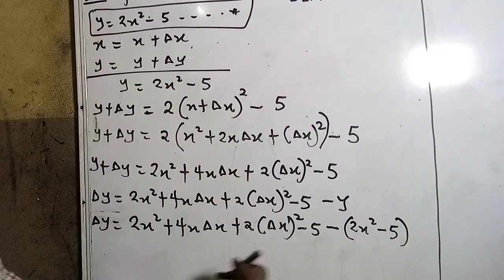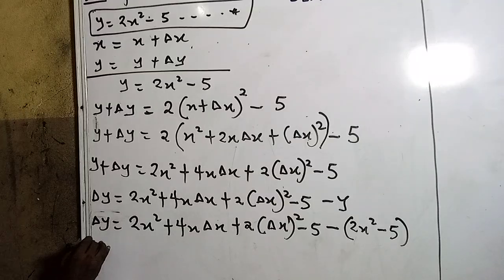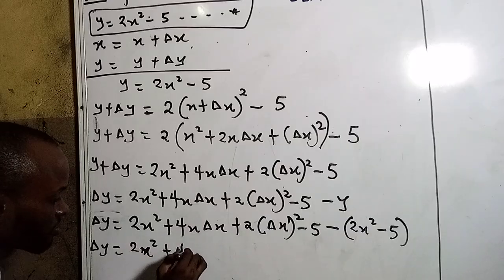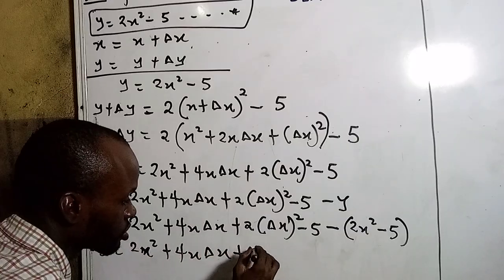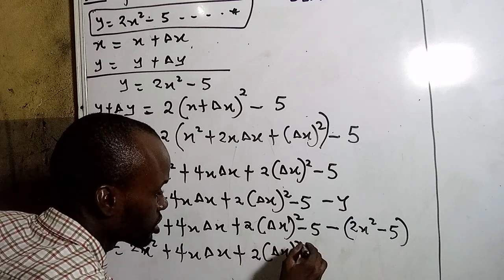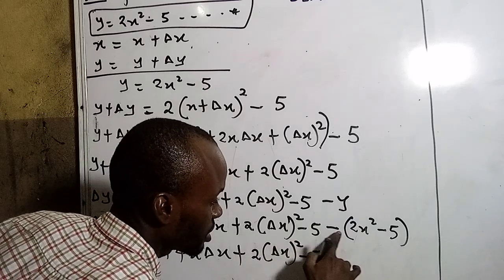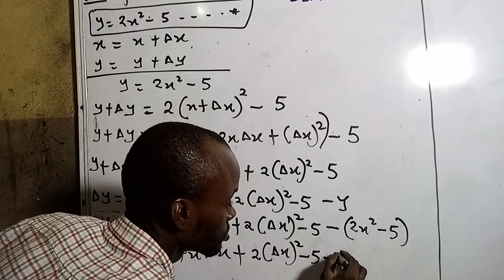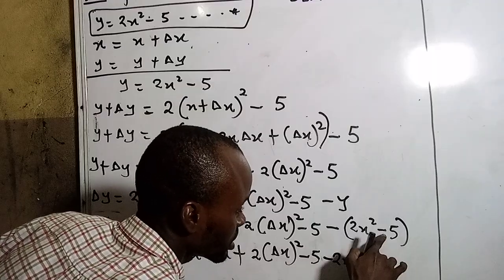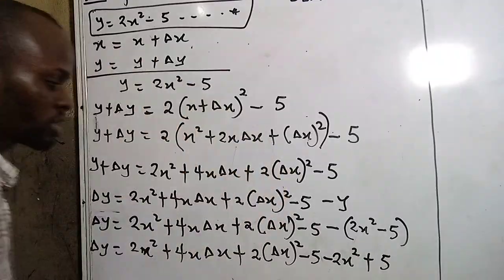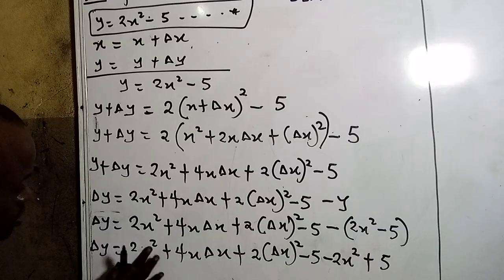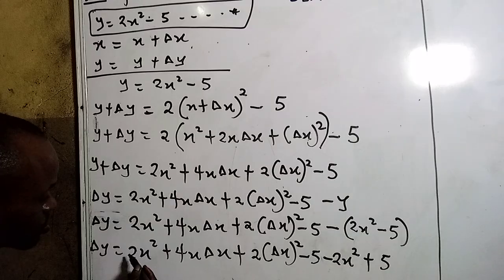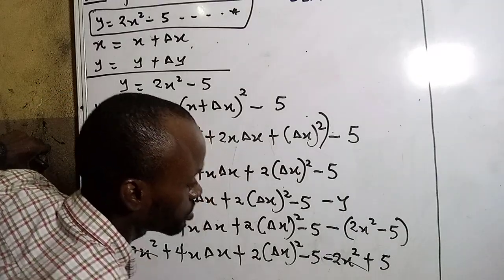So if I write out the expansion now, y plus dy will be equal to 2x squared plus 4x dx plus 2 into bracket dx squared minus 5, minus, given plus, that will be minus 2x squared. The minus and the minus will be plus 5. Now let us see, I have 2x squared here, so this 2x squared minus 2x squared is out.